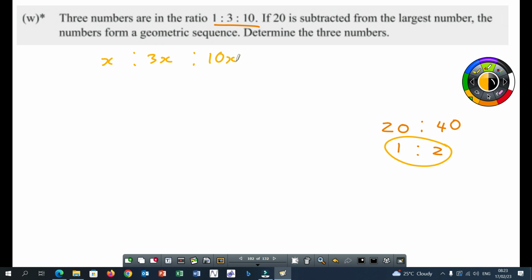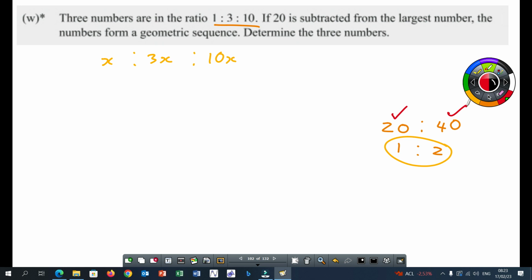Why what? I don't understand why you multiply it. Okay. Look here. If you go back to the concept of ratio, if I give you 20:40, how do you simplify this to a ratio which has got the simplest numbers or the smallest numbers possible? Divided by 20.